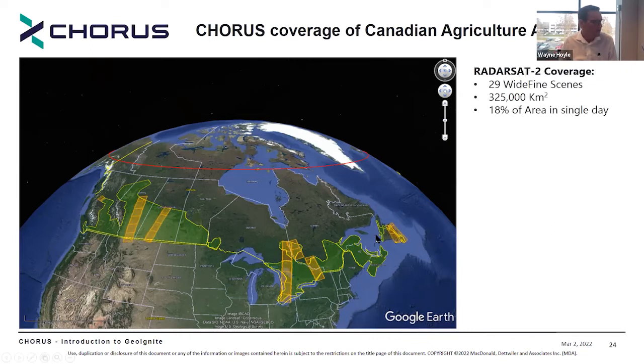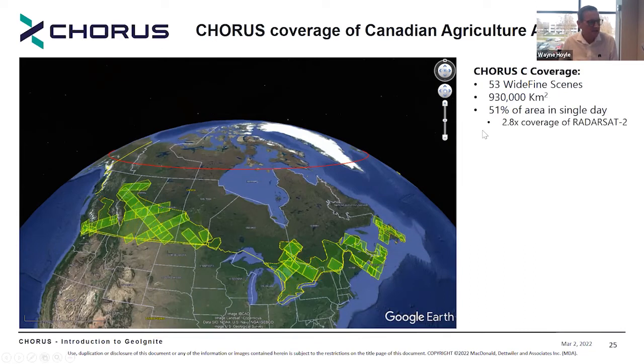And if we were to use RADARSAT 2 data, the traditional mode that is being used is an 8-meter imaging mode, which is wide fine. These orange boxes here are scenes that we would be able to collect on February 21st. And it shows that we'd be able to do 18% of the area of interest in a single day with RADARSAT 2.